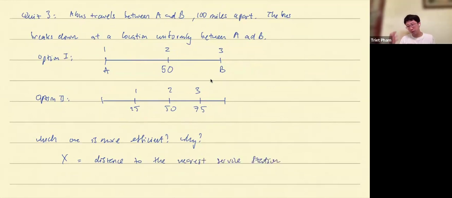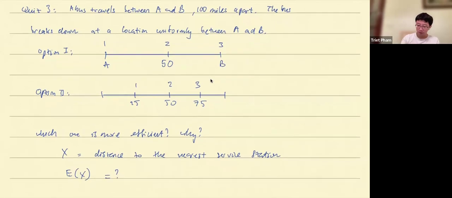You can call one x1 and one x2, it doesn't matter, and you calculate the expectation of x, and you want to choose the one with the smaller expectation of x. That's the meaning of efficiency here.